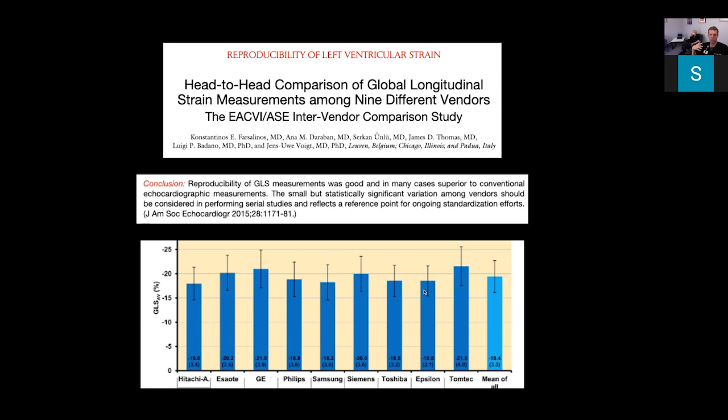And what this called for, for the community, was for vendors to try and make the ways that they were analyzing strain for longitudinal systolic function as normal as possible. And the idea has come out that it's okay, the intervendor reproducibility, but if you're going to be comparing someone on day 1 versus day 10, just make sure you're using the same machine to do it.